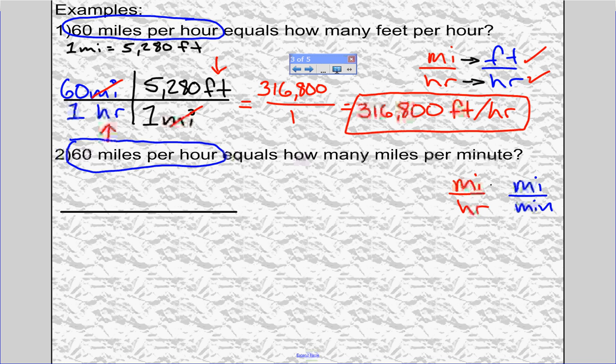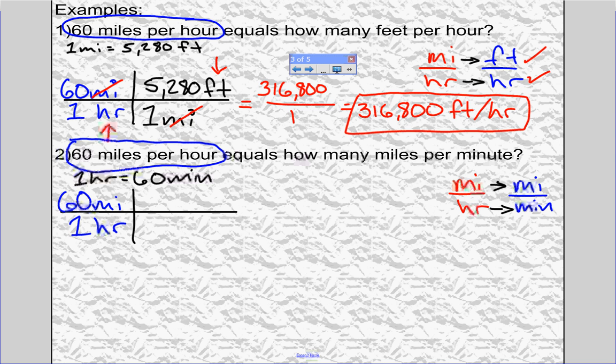So I'm going miles to miles, so I don't need a conversion for that, but I do need one for hours to minutes. So the first thing we're going to do is write down our conversion factor from hours to minutes. That conversion factor is 1 hour equals 60 minutes. Now I'm going to write down what I was given, 60 miles per hour, same as before, so 60 miles over 1 hour.